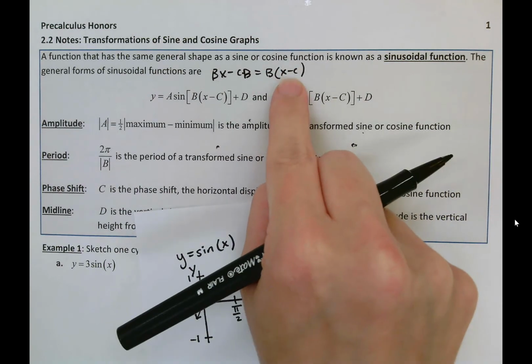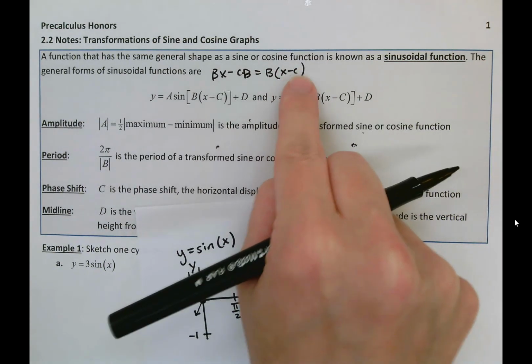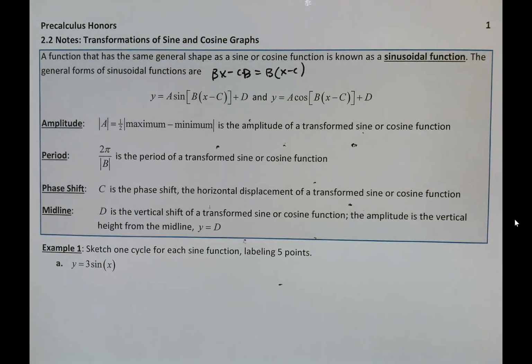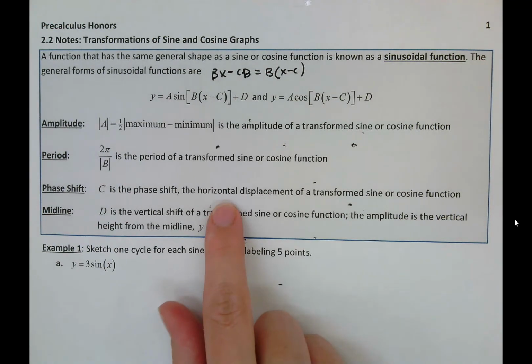So that's very, very important, and we're going to look at some examples of that. So that c value after the b has been factored out is called our phase shift. So that's how we shift horizontally to the left or the right. And in sinusoidal functions, we specifically call that the phase shift.